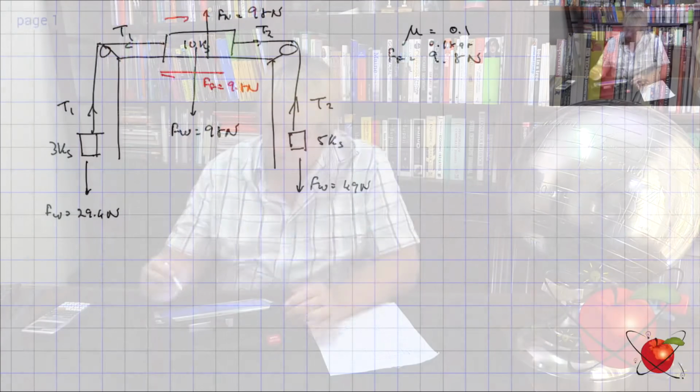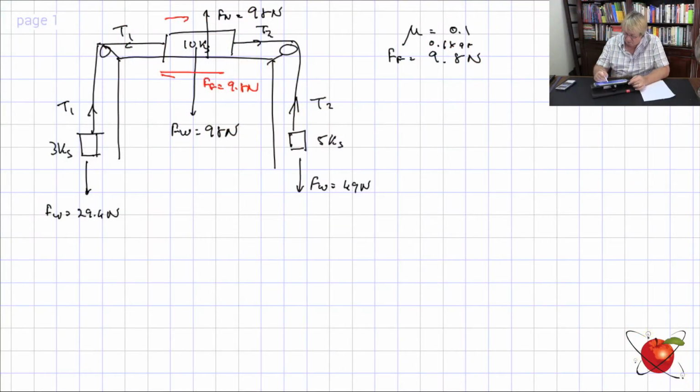Now we can go and we can say, right, okay, let's look at forces pulling off the table.